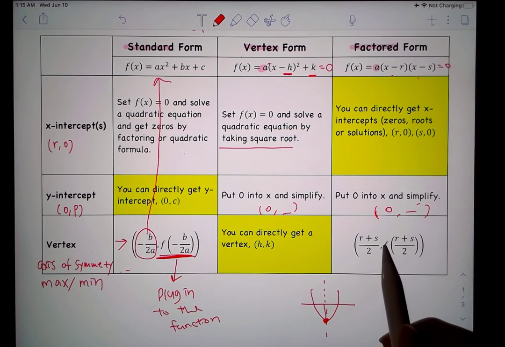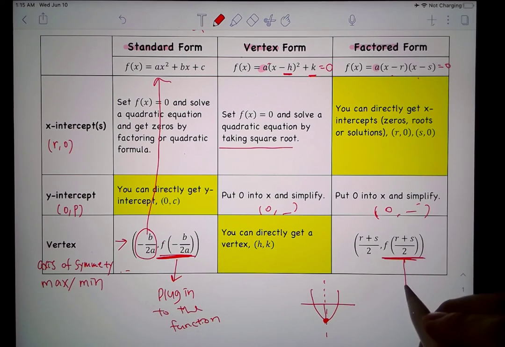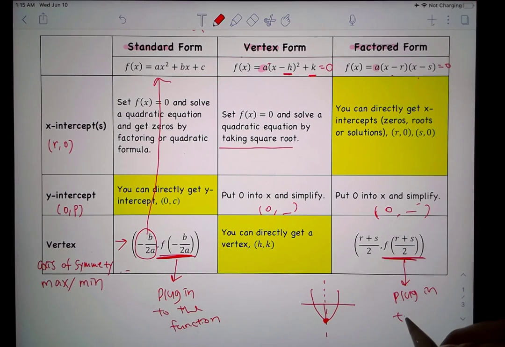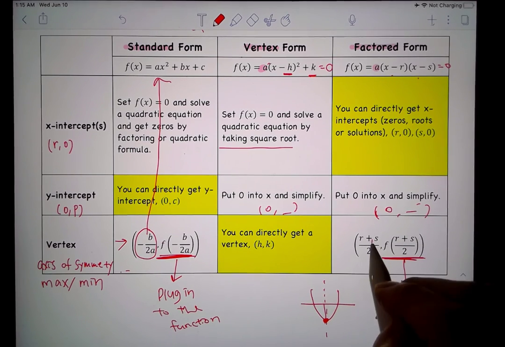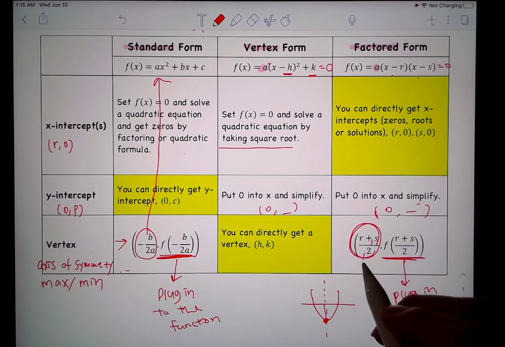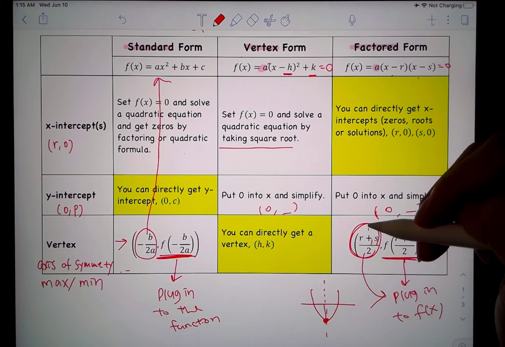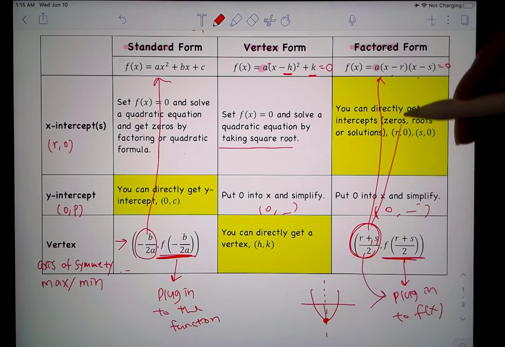That's why I put f of (r plus s) over 2. That means plug into the function. Whatever value you get from here, you put into x. Then you will get the y-coordinate of the vertex.